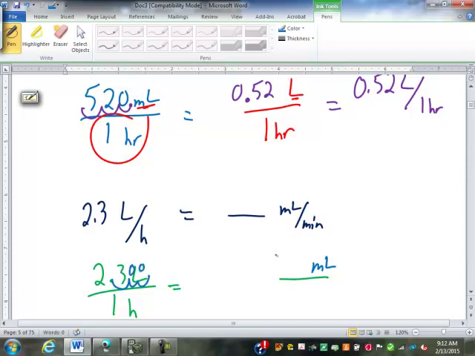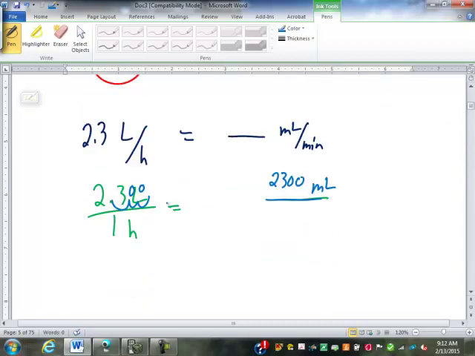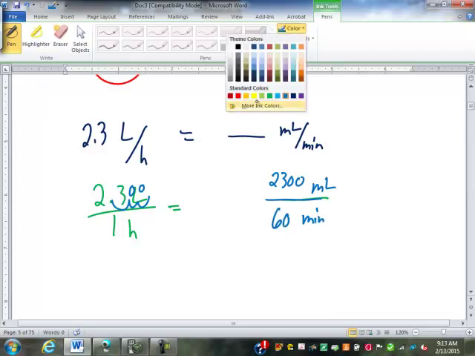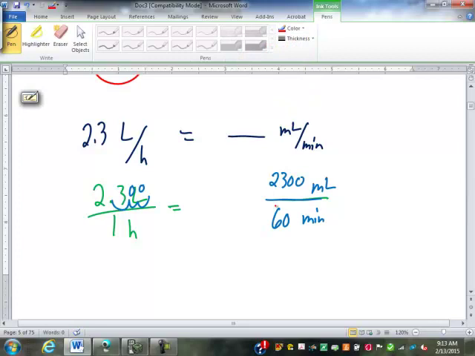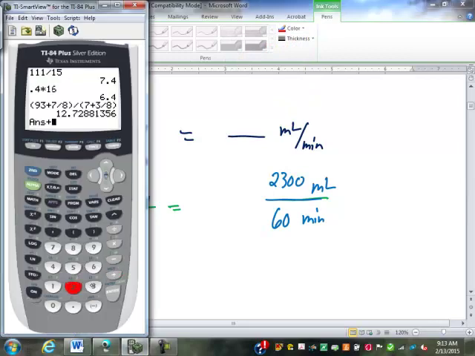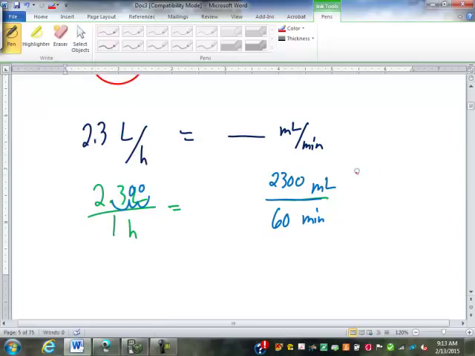So I have to add 2 zeros. That is 2,300 milliliters. Hours to minutes: 1 hour is how many minutes? 60. So I can just put that in. Now to finish this off, I have to divide 2,300 by 60. So we get 38.33 milliliters per minute.